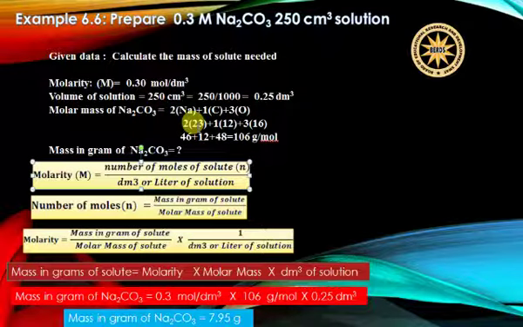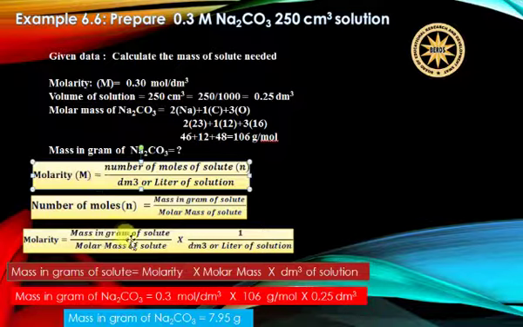The values of sodium, which is 23, carbon 12, and oxygen 16, come from the periodic table, which are the atomic masses of these elements. So 2 multiplied by 23 becomes 46, and then 1 multiplied by 12, and then 3 multiplied by 16 becomes 48. When all of these are added, the value becomes 106 gram per mole. So this 106 gram per mole is the molar mass of sodium carbonate.